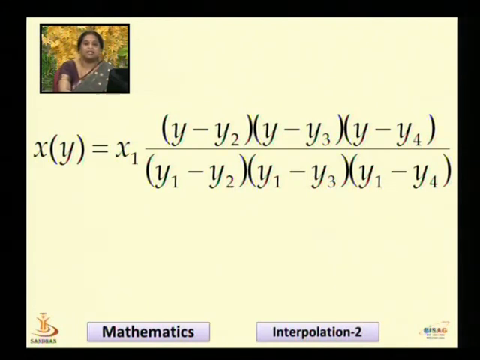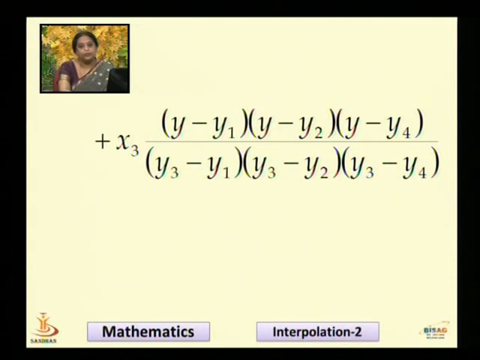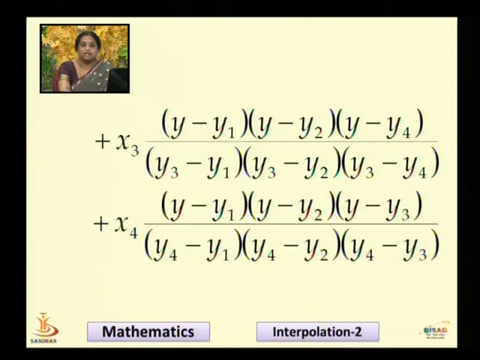That is, x of y is now equal to x1 into (y minus y2)(y minus y3)(y minus y4) divided by (y1 minus y2)(y1 minus y3)(y1 minus y4), plus x2 into (y minus y1)(y minus y3)(y minus y4) divided by (y2 minus y1)(y2 minus y3)(y2 minus y4), plus x3 into (y minus y1)(y minus y2)(y minus y4) divided by (y3 minus y1)(y3 minus y2)(y3 minus y4), plus x4 into (y minus y1)(y minus y2)(y minus y3) divided by (y4 minus y1)(y4 minus y2)(y4 minus y3).